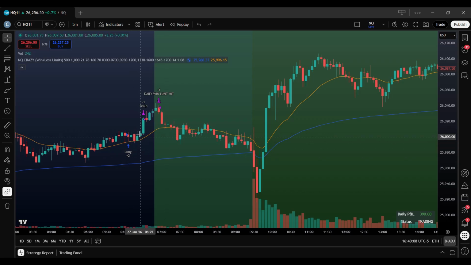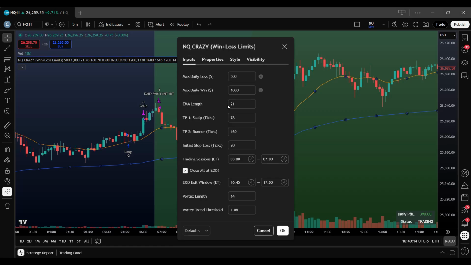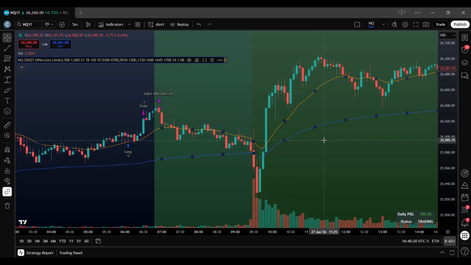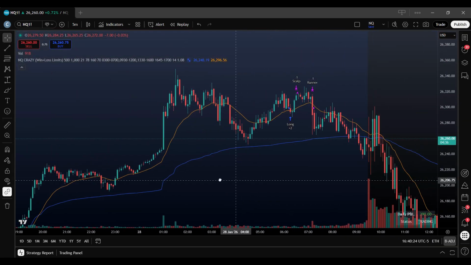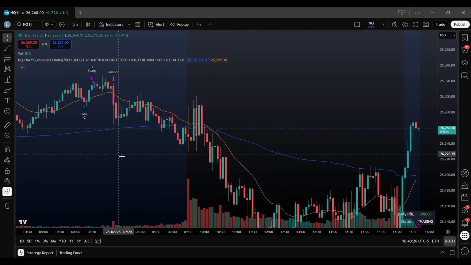The stop wasn't hit. Scalp and decided it hit your daily win limit, which is max daily win $1,000. Just put in here. Goes green. Here we've got, there we go.